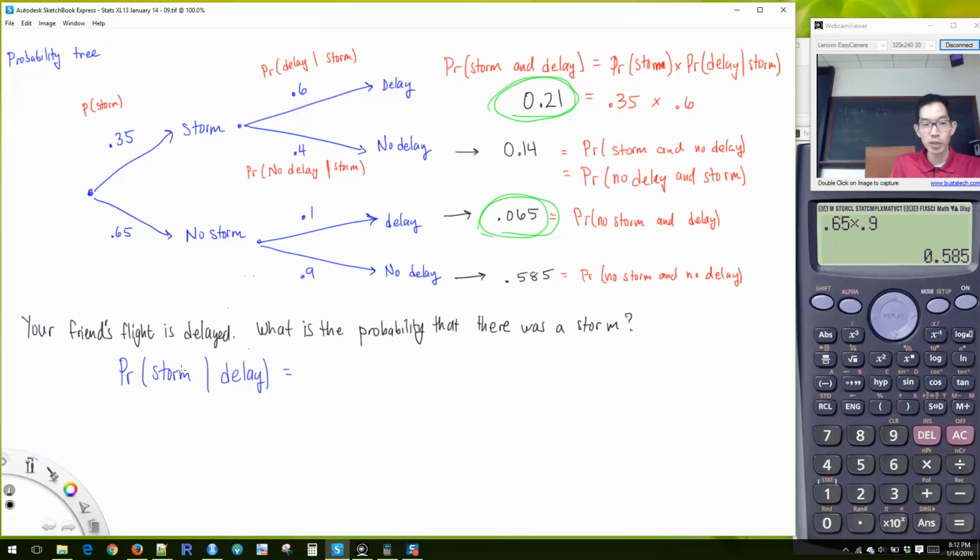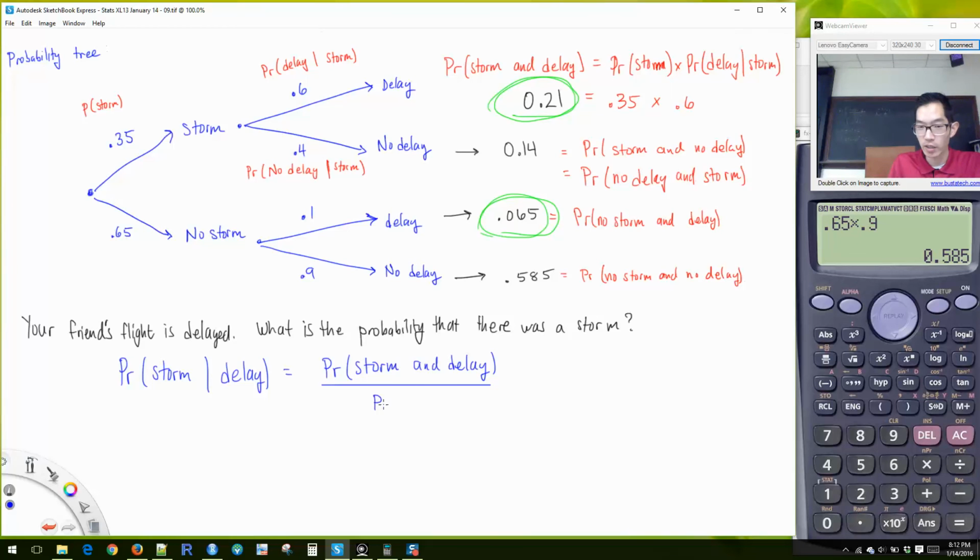Okay, so we've got the probability of storm given delay. Using that rearrangement of terms, this is going to be equal to, on the top, storm and delay. And what am I going to divide by on the bottom? Delay.